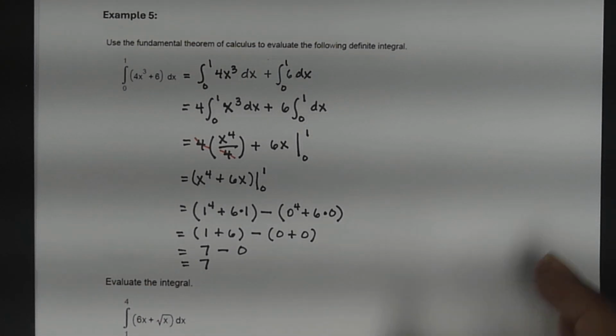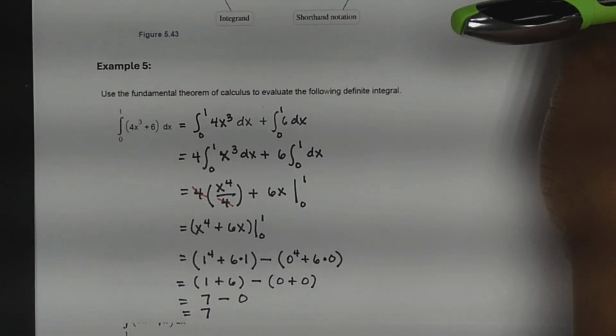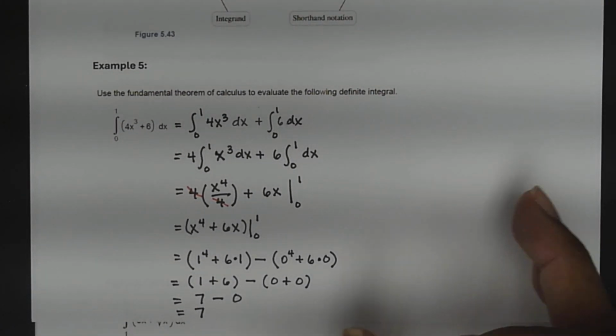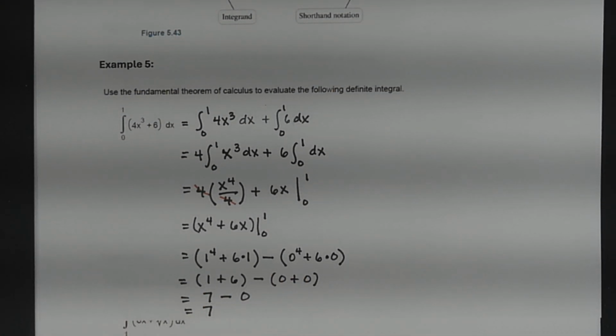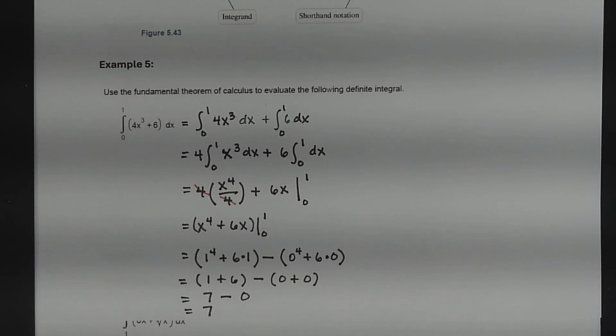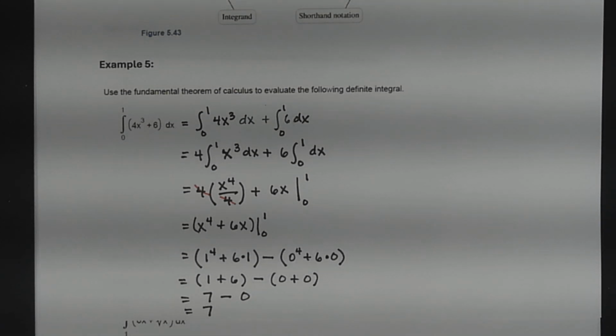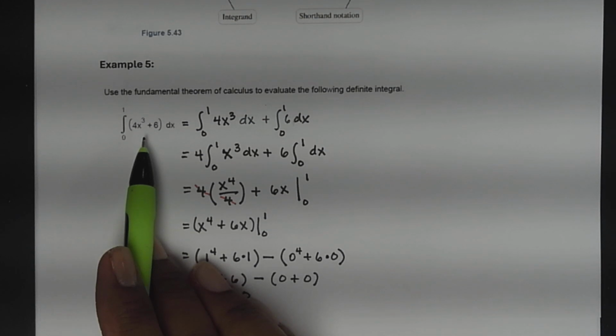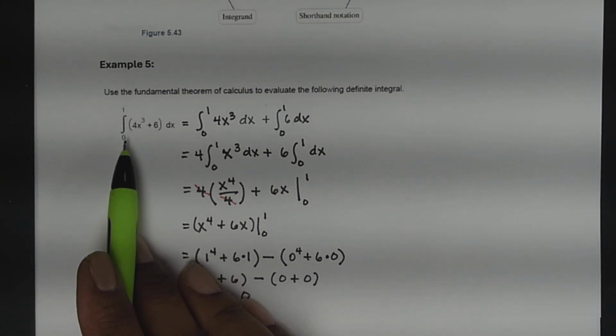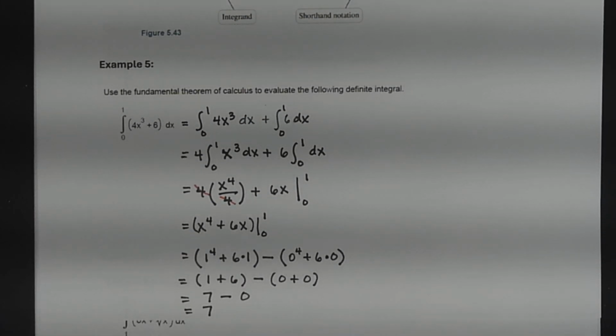So in this case, the integral from 0 to 1 of 4x cubed plus 6 dx gives me a value of 7. And that represents the area under the curve bounded by the graph of this function and the x-axis from 0 to 1.